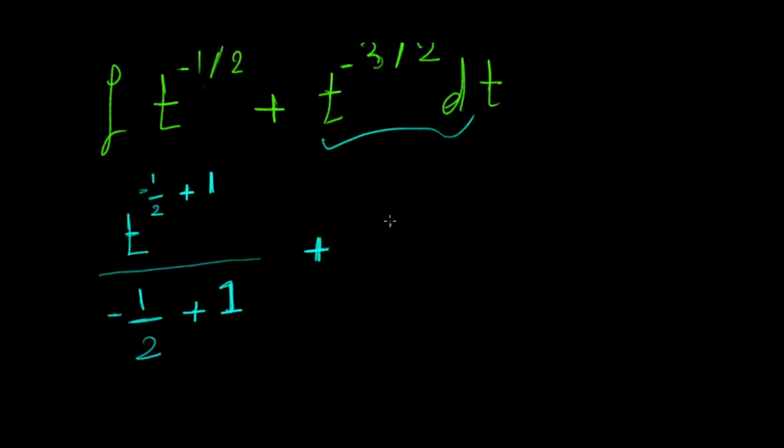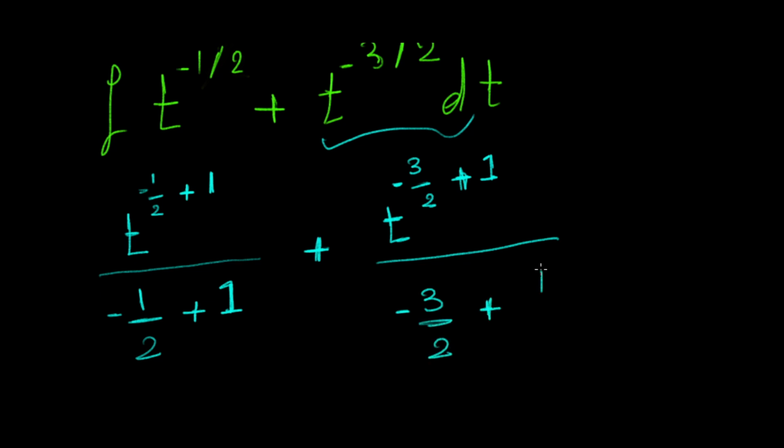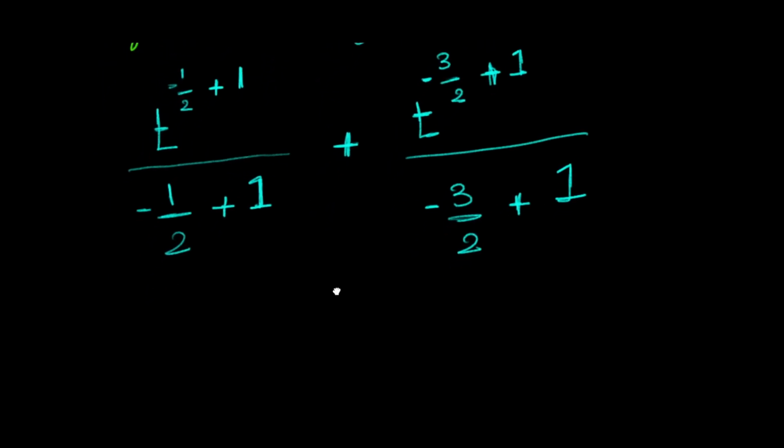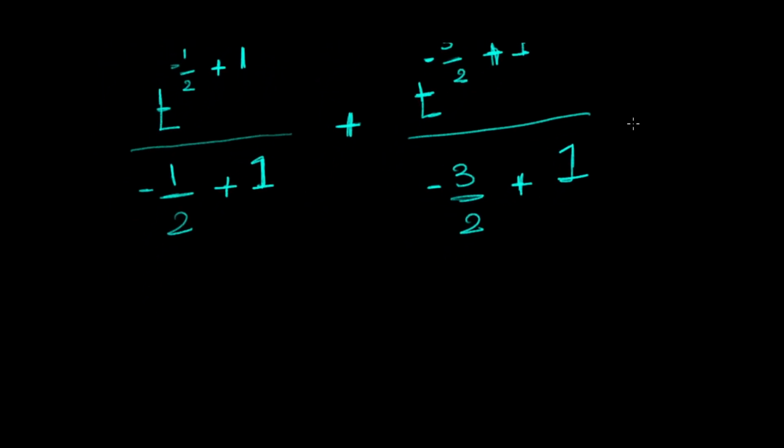Now this integral, which is t to the power of negative 3 over 2 plus 1 divided by negative 3 over 2 plus 1. Alright, now let's simplify it more. Of course, there's a plus c over here, but we don't really care about it at this point. We can just leave it till the end.